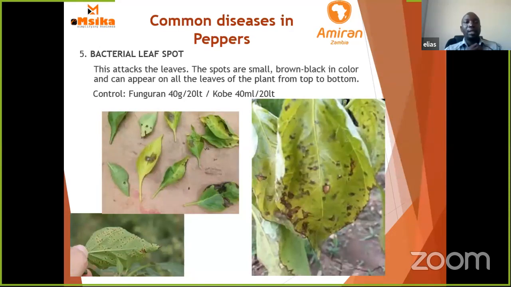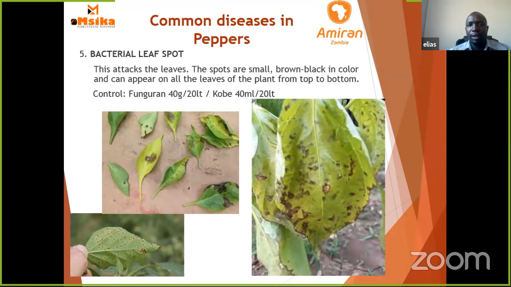The other disease we look at is bacterial leaf spot. This is a bacterial disease, just hearing it from the name. It can attack the leaves, and the spots are small, brown and black in color, and can appear on all the leaves of the plant from top to bottom. Normally, the best way to tackle bacterial diseases is to go the preventive way.